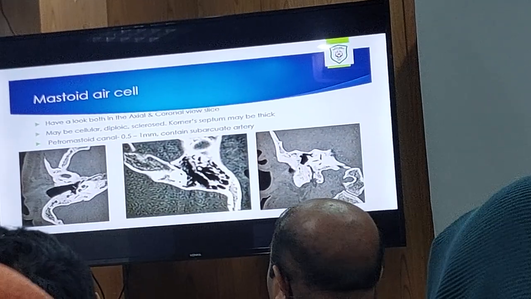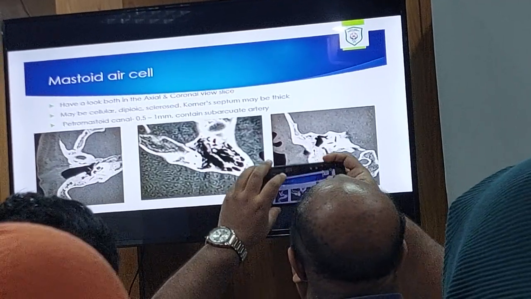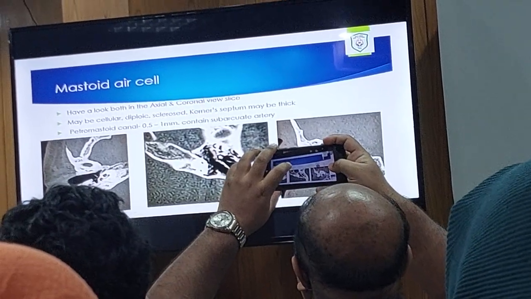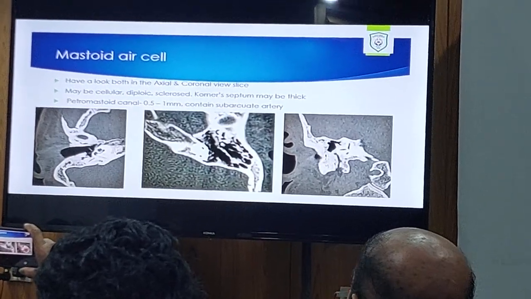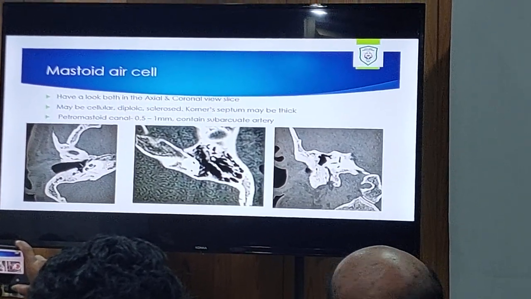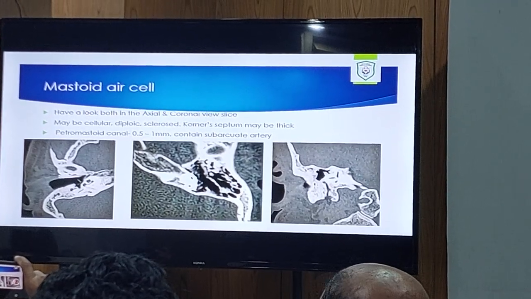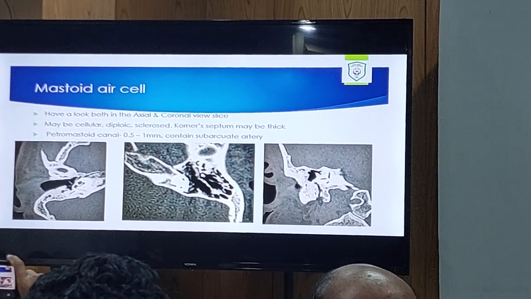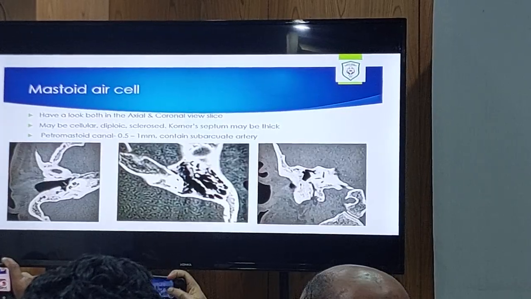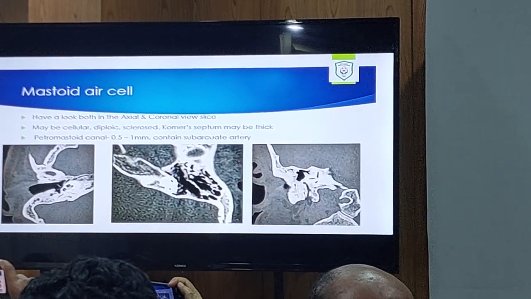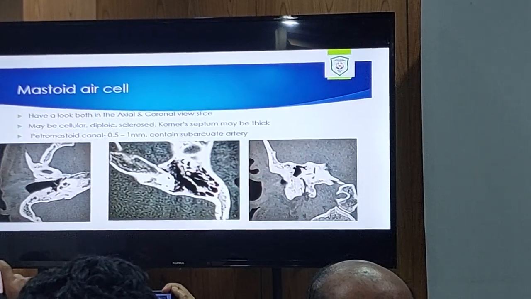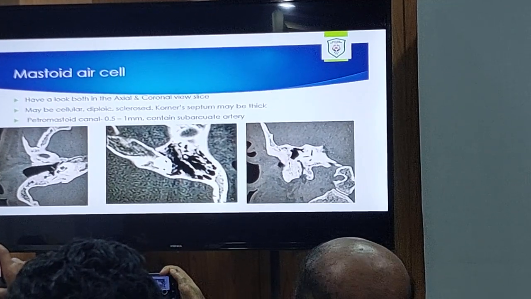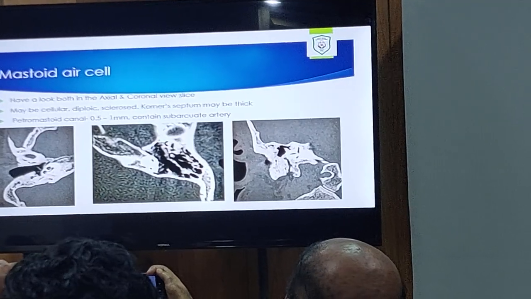Now I have shown in which slice, which view, we can see the mastoid air cells. Here, this is the axial and coronal view. Both views are important for checking the mastoid air cells.